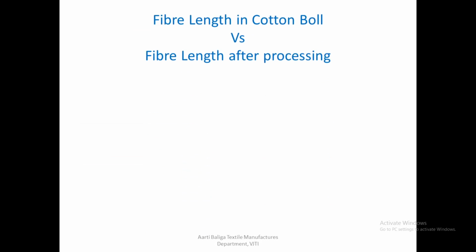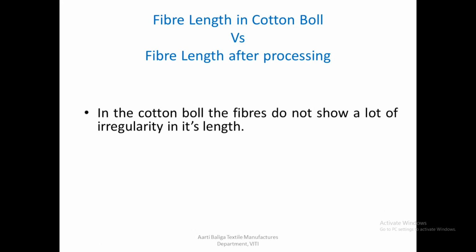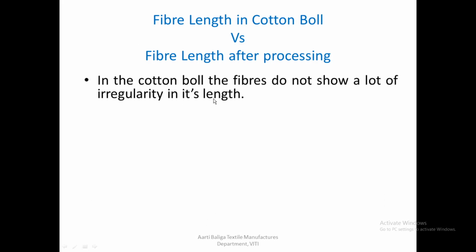Let us understand what is the status of fiber length in the cotton ball before processing and what is the status after processing. In the cotton ball, if you were to check the fiber lengths, you would see that it's not very irregular.